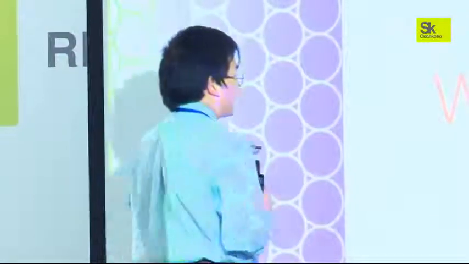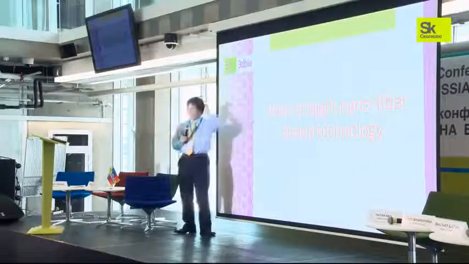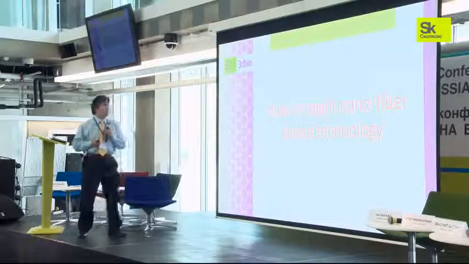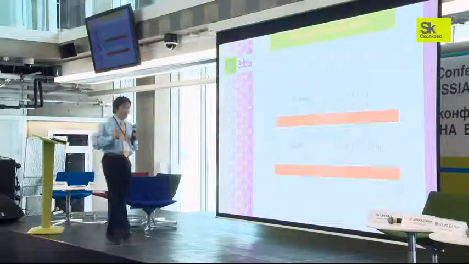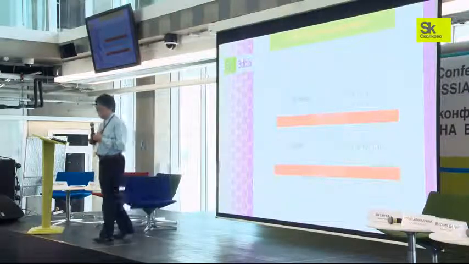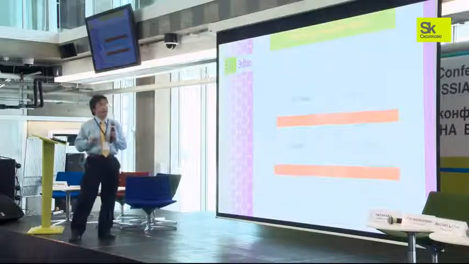Okay, let's move to the second approach, how we make the blood vessel through the nanofiber-based technology. As we know, the blood vessel has a very unique mechanical property. If there is any disease with the blood vessels, there's a chance to use a vascular graft.